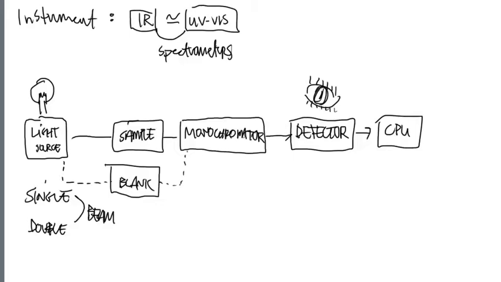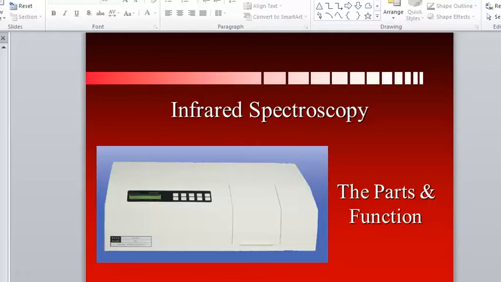And this is what's called a double beam infrared spectrometer. Okay, so no big deal. Everything sounds familiar, hopefully at least. Hopefully none of those were new terms for you, because we talked about each and every one of them in the UV-vis field. Here's a picture of our infrared spectrometer, one of our old ones at least.